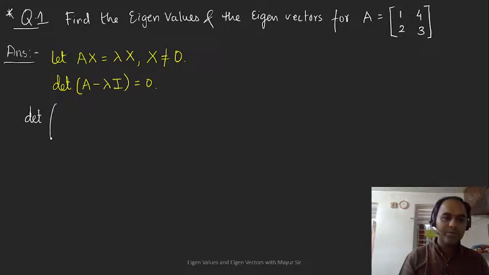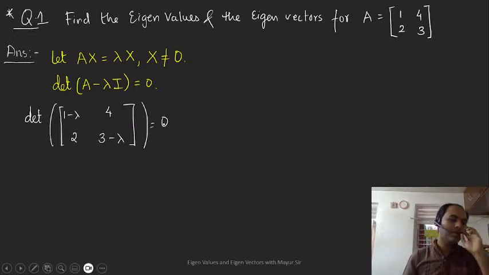From the diagonal elements of the matrix you subtract lambda. So 1 minus lambda, 3 minus lambda, and then there is this 4, and this 2, which is equal to 0. So this is what you get.